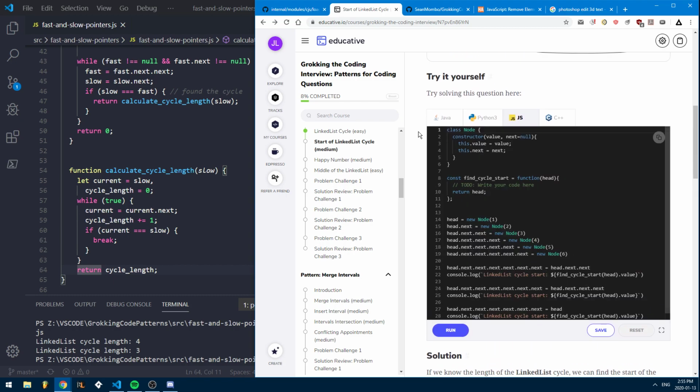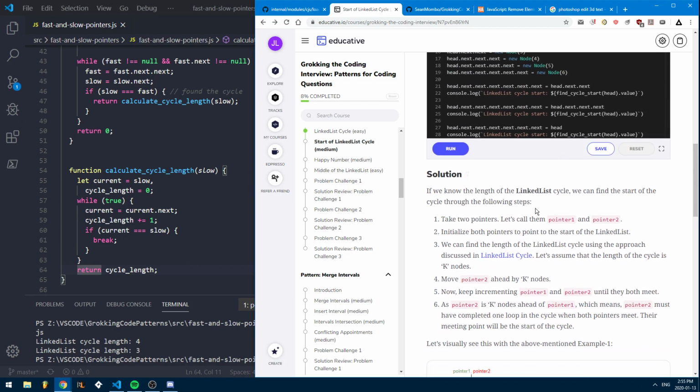And so take 2 pointers, let's call them pointer 1 and pointer 2. Find the length, move pointer 2 ahead by k nodes. Now keep incrementing pointer 1 and pointer 2 until they meet. So pointer 2 is k nodes ahead of pointer 1.